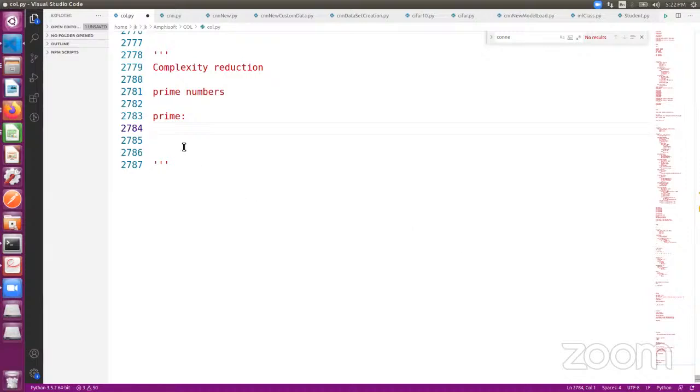So a prime number is a number which has exactly two divisors. And before that, the most important thing is a prime number should be a natural number. So it works only for natural numbers. We cannot say whether any negative number is a prime number or not. It doesn't come under this category at all. The first constraint is it should be a natural number, and then it should have exactly two divisors.